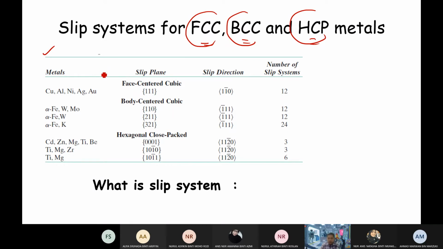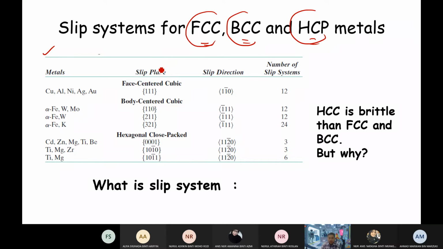From this information, I want you to figure out why HCP metal is brittle compared to BCC and FCC. Kenapa HCP metal lagi rapuh or brittle compared to FCC and BCC? Why?